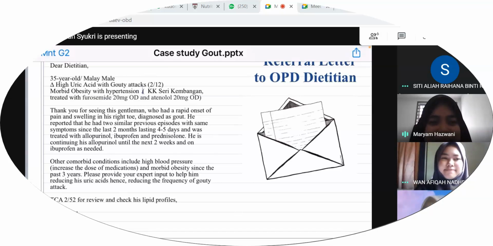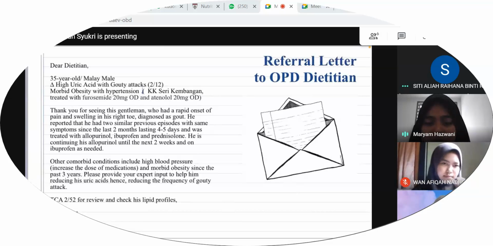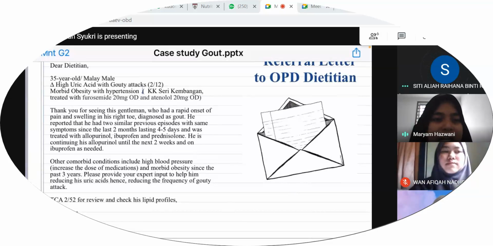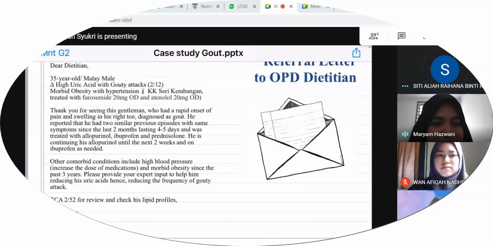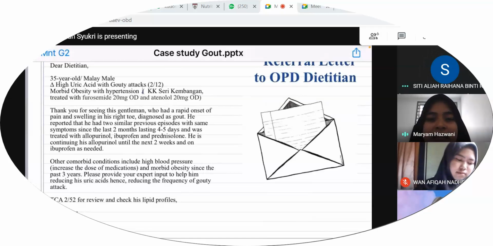Okay, so the case is about a 35-year-old male who is currently having a gout attack with high uric acid level, and the level of the uric acid is 415 micromole per liter, and he has had these symptoms for 2 months.